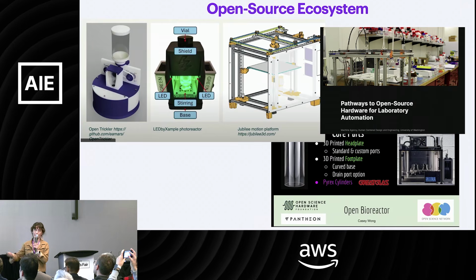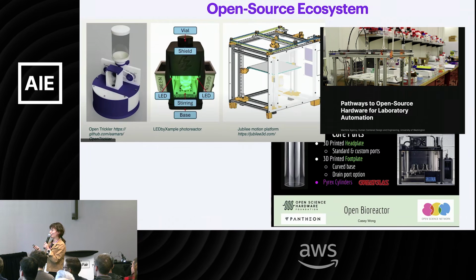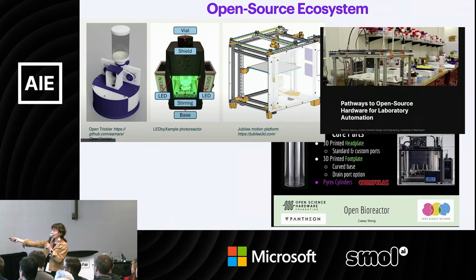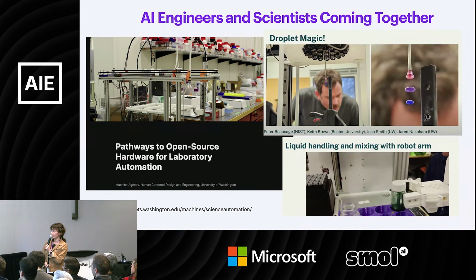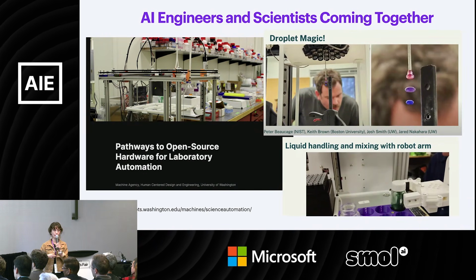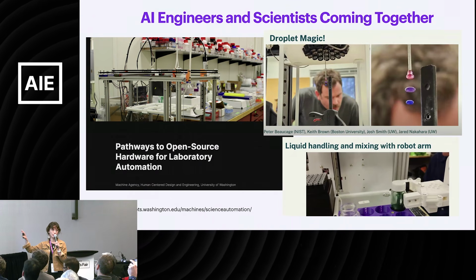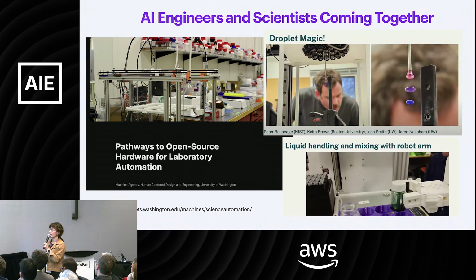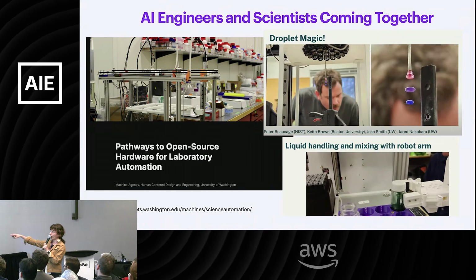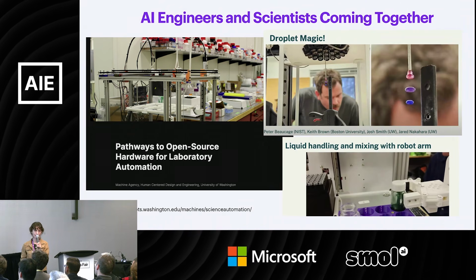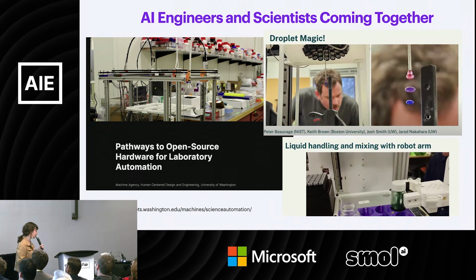The Jubilee motion platform is actually coming from University of Washington, where I did my PhD. It's open source. And there's an open bioreactor. And there was a workshop that just took place in April at UW, where they had people for a week hacking on creating different solutions for automating scientific experiments in the lab. So anything from droplet manipulation to robots handling liquids and mixing vials, and other applications with Jubilee. So definitely check them out.